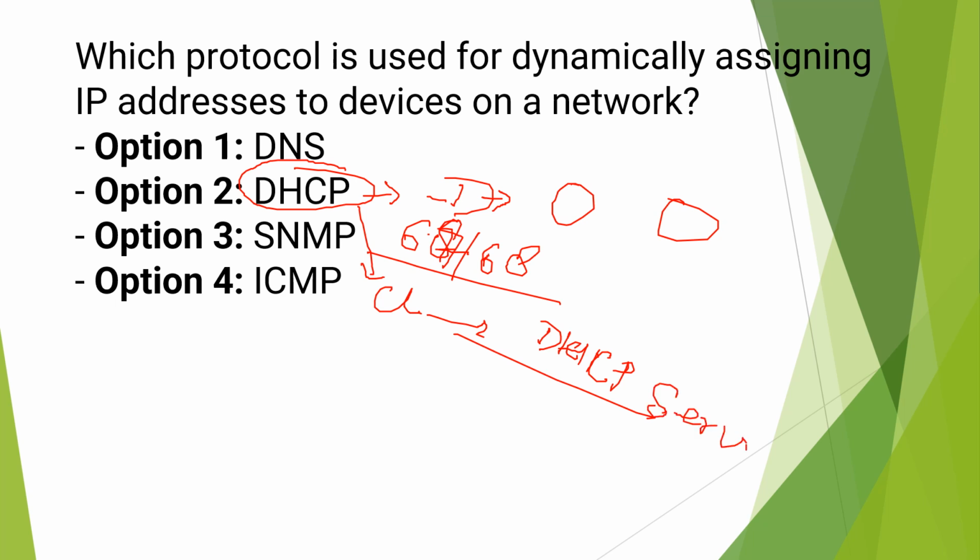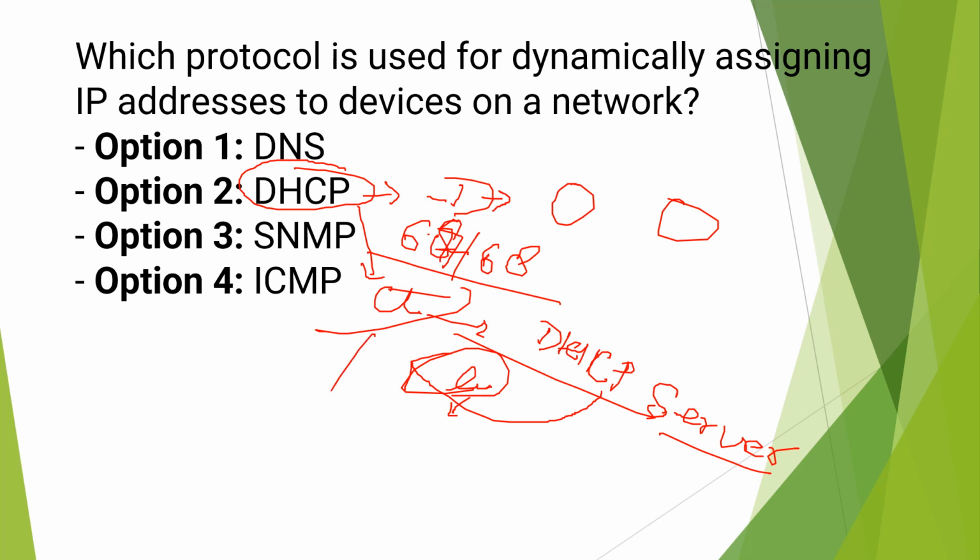Okay, the request will go to the DHCP server and the server will assign some IP address for a lease. Lease means it's assigned for, for example, 24 hours. Once the 24 hours are over, the client will not be able to use this IP address.